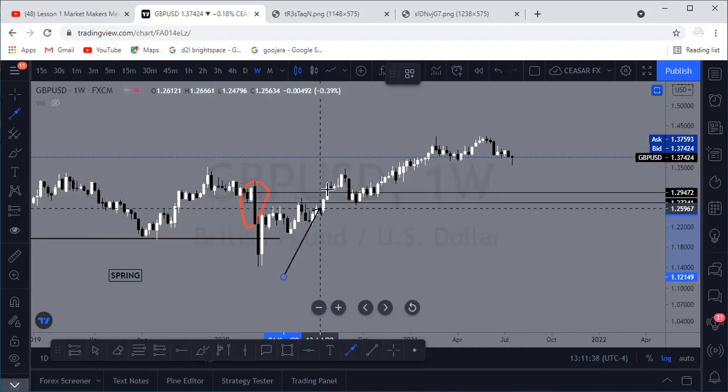It was supposed to hold the price to the downside, but the price went back up to mitigate the sell to buy order block, went back down, and then went back up, violating this supply zone here. Remember that the price only mitigated the sell to buy order block because there are two order blocks in the same area.